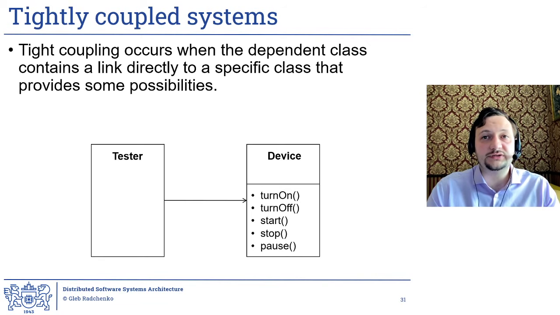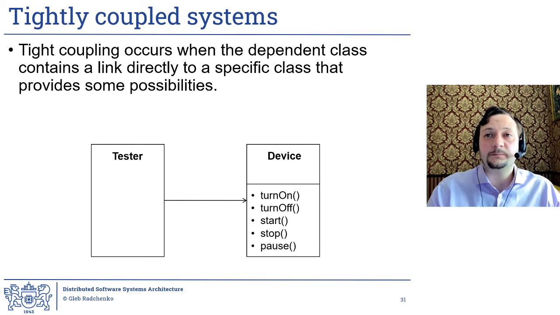How do I describe this thing? So tightly coupled systems, or tight coupling, occurs when the dependent class or object contains a link directly to a specific class or an object that provides some capabilities.